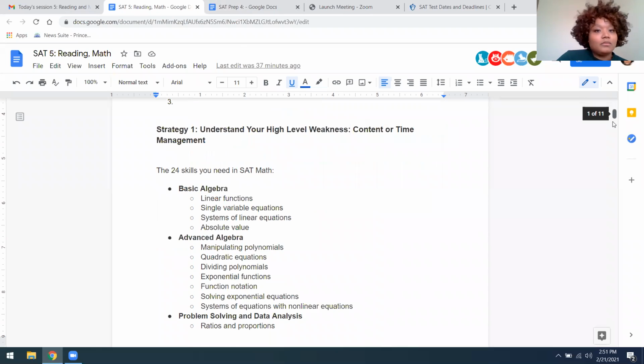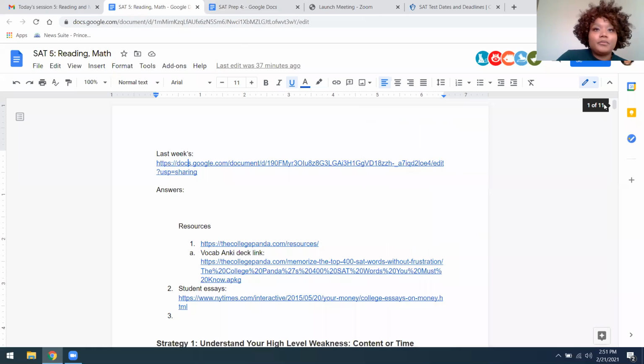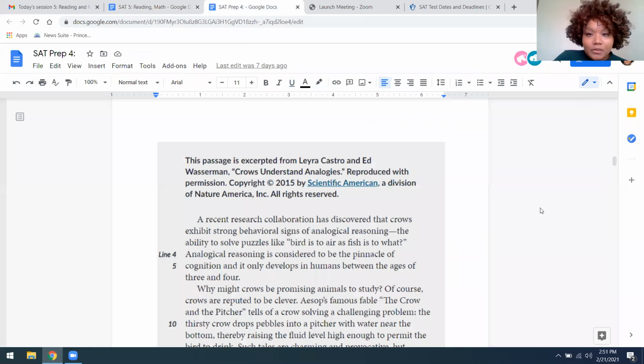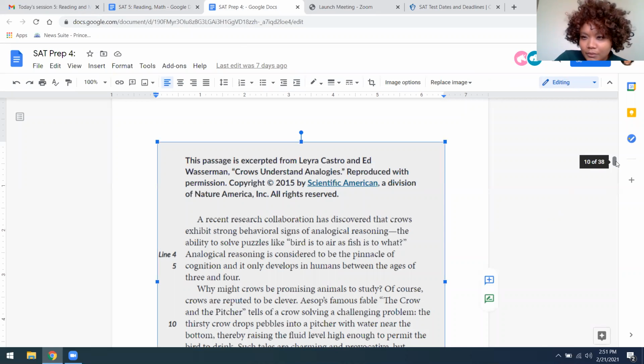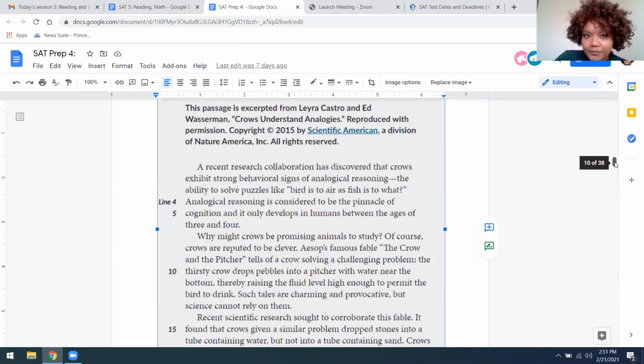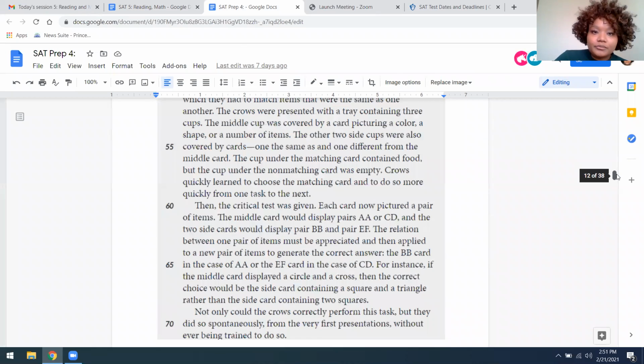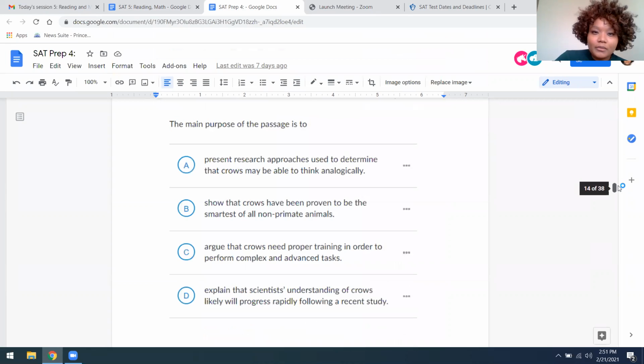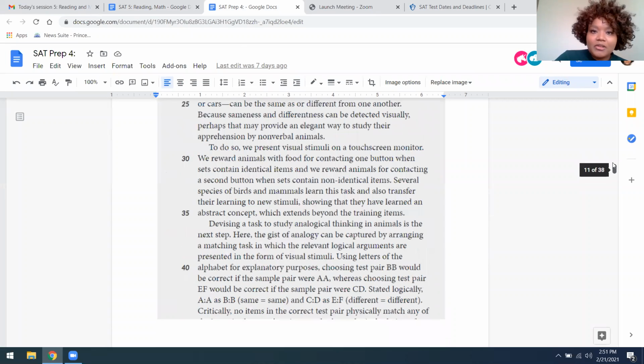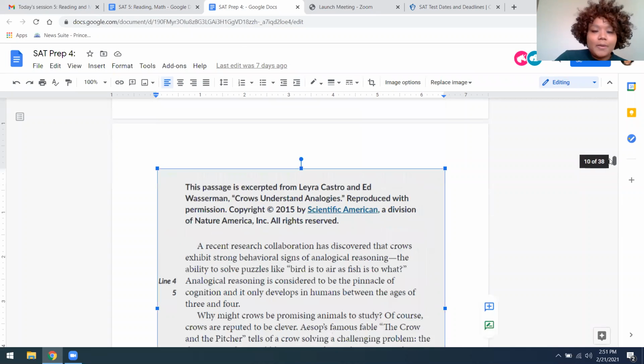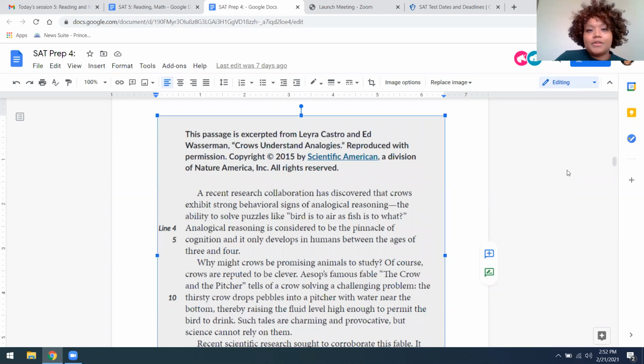This is from last week's. Scroll down to page 10. Page 10, read the passage. And if you have some time left over, go ahead and answer the questions. We're just going to spend like 5 minutes doing this, and then we'll come back and answer them. We're going to go through this faster because we already started it last week.